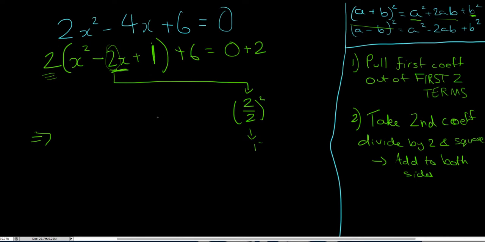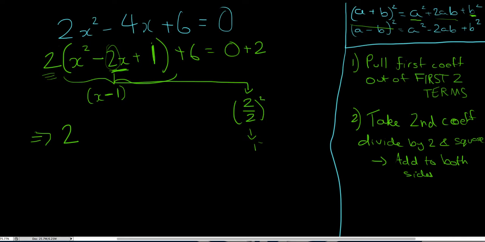So in this case, we just have to condense now. So we have our 2. And then this guy here is going to condense down to x minus 1, because the square root of 1 is just 1.